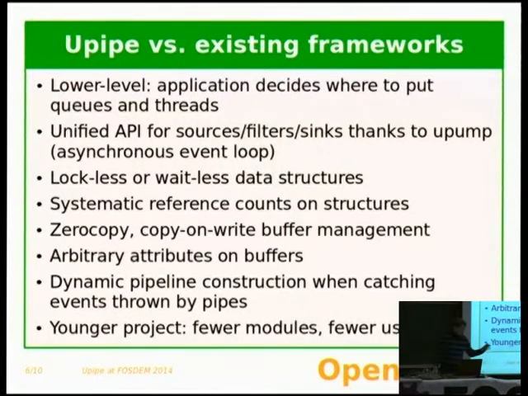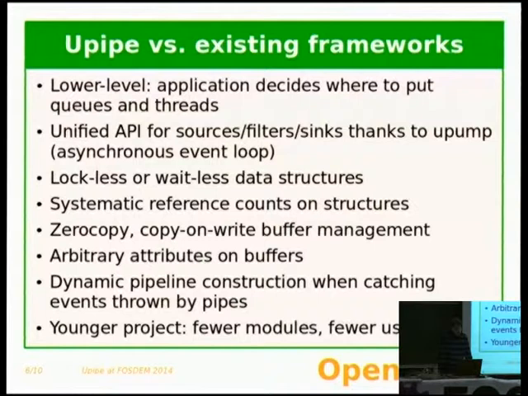We don't have an API for sources, an API for sinks, an API for filters. We have the same API for everybody, and that's thanks to a component called Upump. It acts as a wrapper around a library like libev, which is the one we use currently, but it could be adapted to glib or any other kind of event loop library as well.